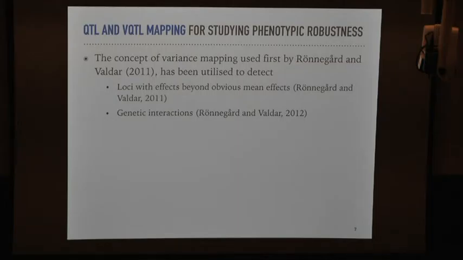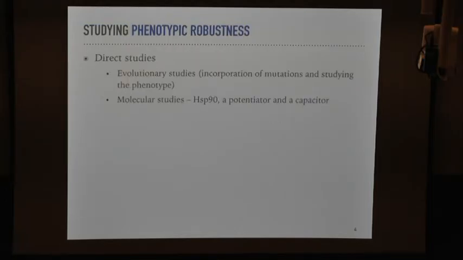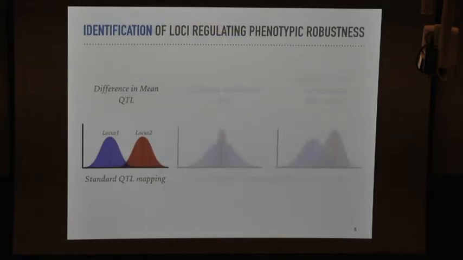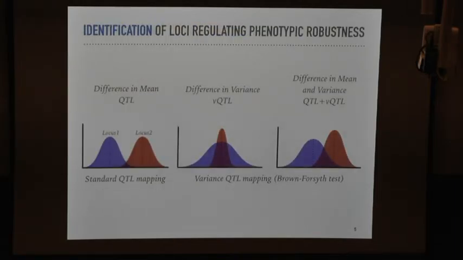Because you see a larger variance for a particular allele, as I was showing you in this slide, subsequent studies proposed that this change in variance could be because the allele has differential genetic interactions, which leads to a wider variance.